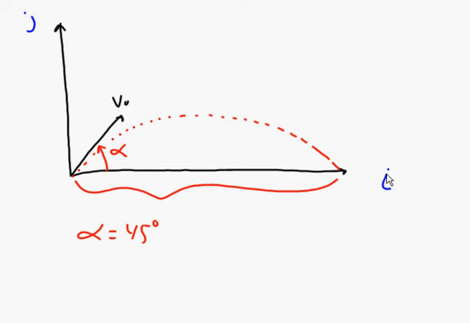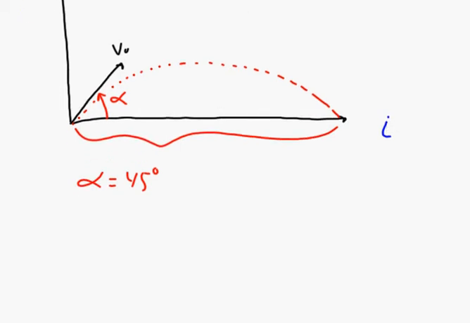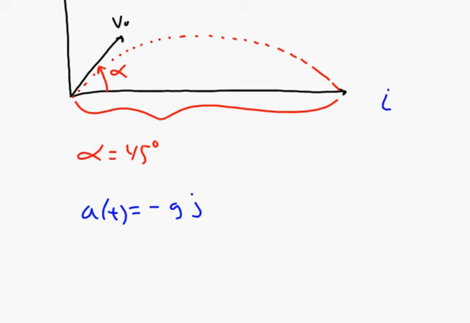And in this situation, the force that we're experiencing would be the acceleration due to gravity, which we could write like this. We can say that acceleration due to gravity as a function of time would equal negative g times the vector j. That's the vector function that tells us the direction of gravity, and how much we're experiencing, in this case g.